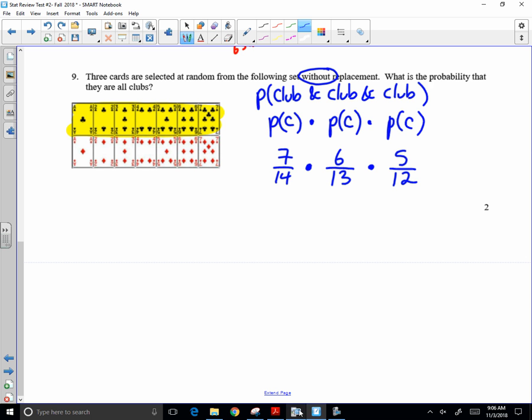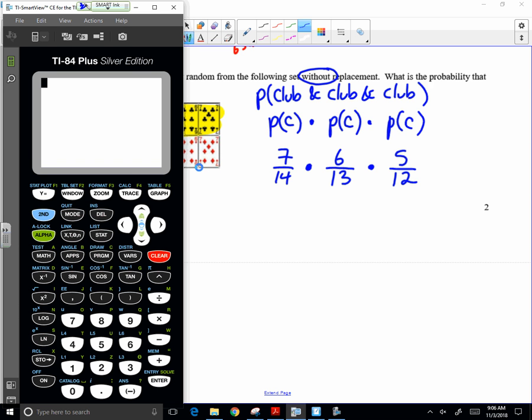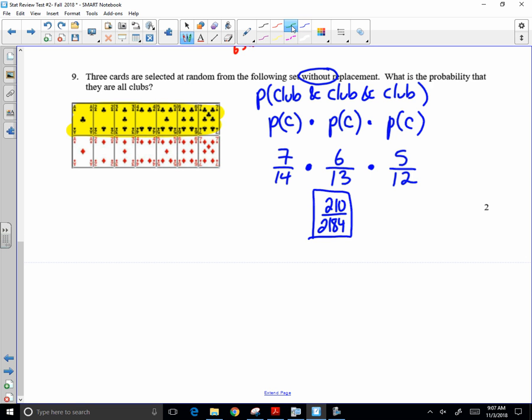I'll also accept, because it's a really cool demonstration of knowledge, permutation notation. I'll show what that looks like in a minute. So 210 over 2184. But also, if you just look at the numerator, oh boy, I tripped.